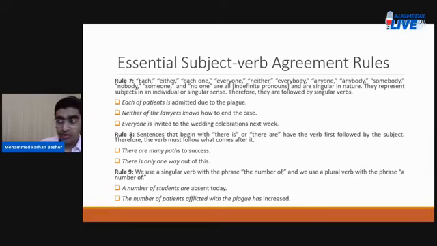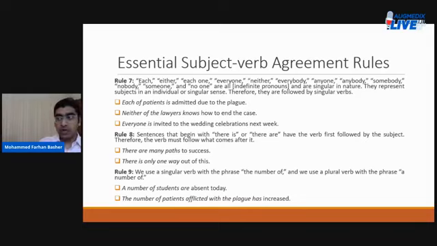Neither of the lawyers knows how to end the case. When you say neither, you connote two people, but you're not talking about them together, but separately, individually, right?